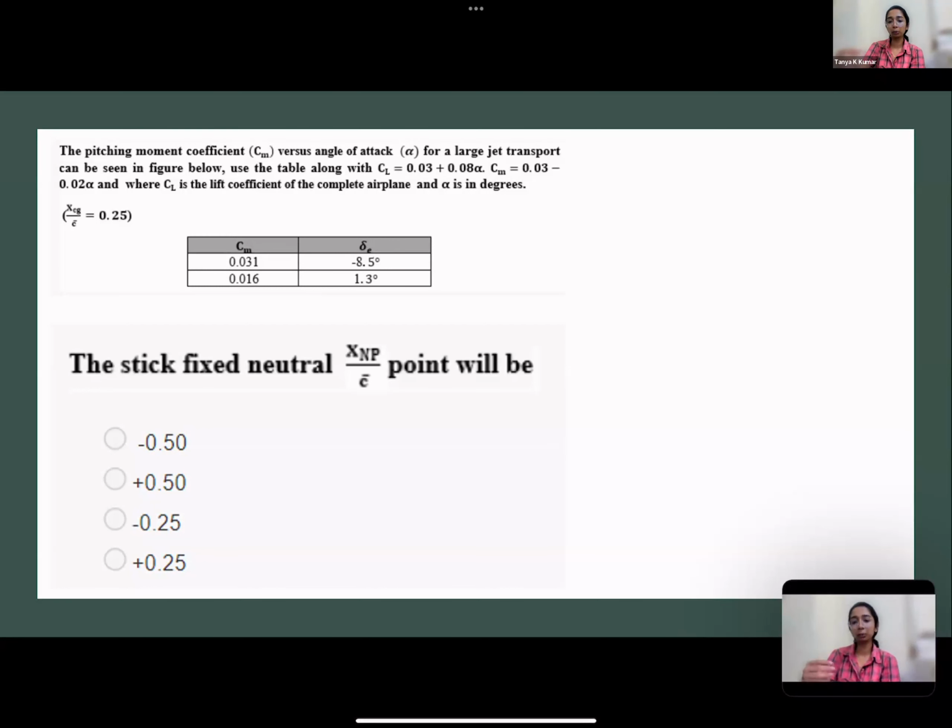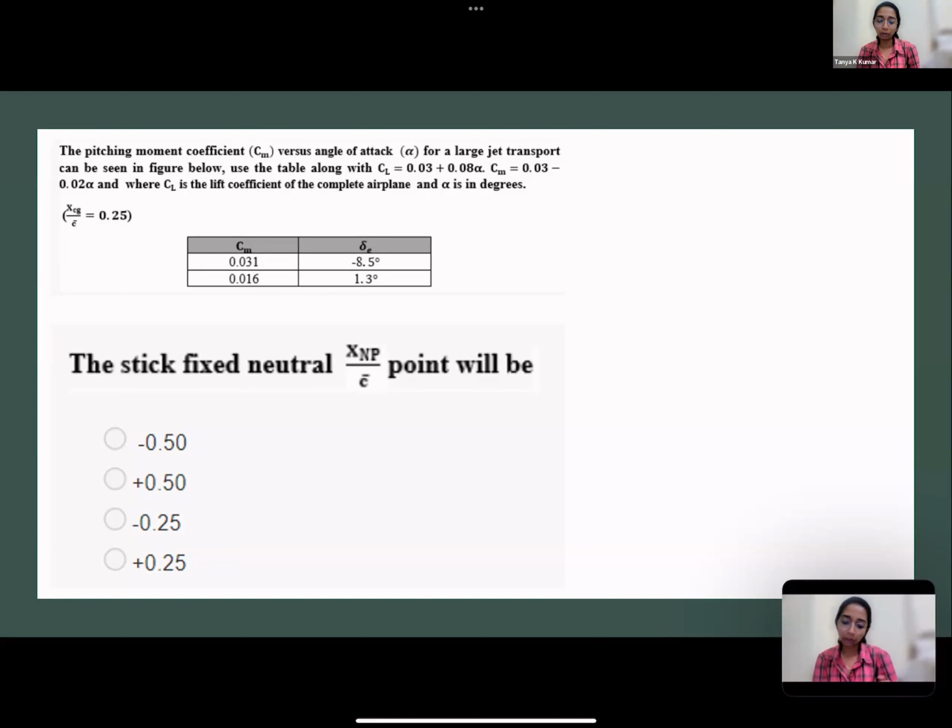In an aircraft, you pull a stick to deflect your elevator. If you want to hold the elevator at that point, you have to hold on to the stick. So you're assuming the elevator to be fixed at the deflection that you want. But ideally, this is not the case. You will let go of the stick and the elevator is allowed to float freely. That is the difference between stick fixed and stick free.